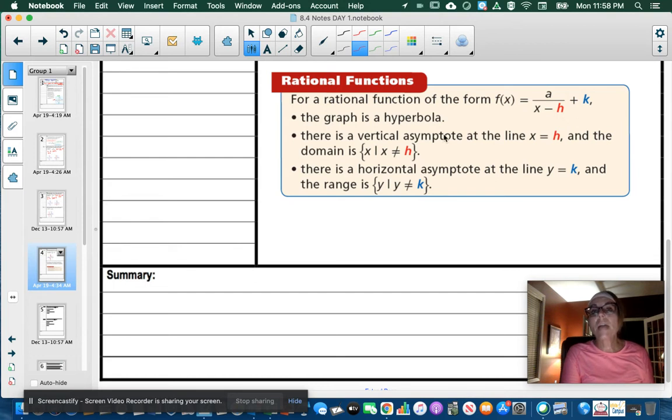There is a vertical asymptote at the line x equals h, and the domain then is all x such that x cannot equal h. There is a horizontal asymptote at the line y equals k, and the range is all y such that y cannot equal k, which makes sense because remember, an asymptote is a line approached but never reached.